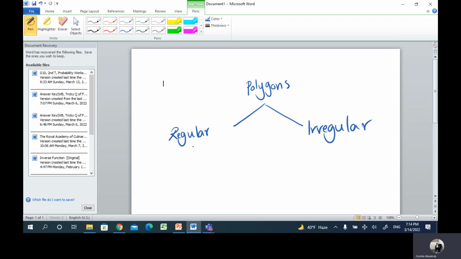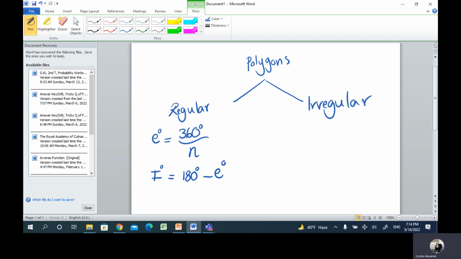Okay, so the rules for regular polygons: the exterior angle equals 360 divided by n, and n stands for the number of sides. This is the first rule. The second rule that you should memorize is that the interior angle is equal to 180 minus the exterior angle.